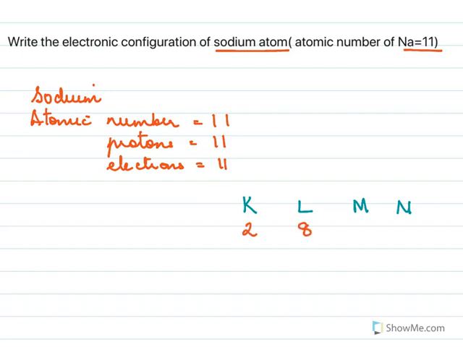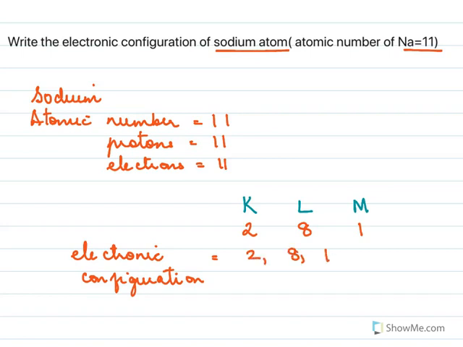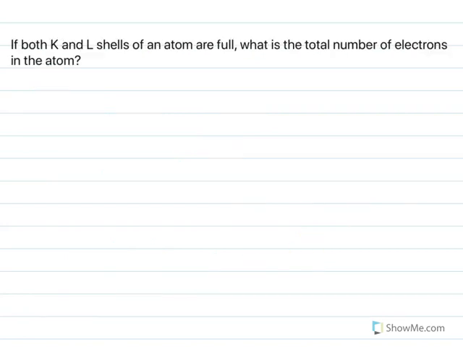So it becomes 10. 1 is left. So we don't need the other shell. So electronic configuration (2, 8, 1).